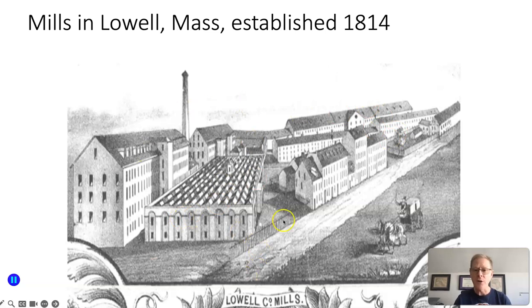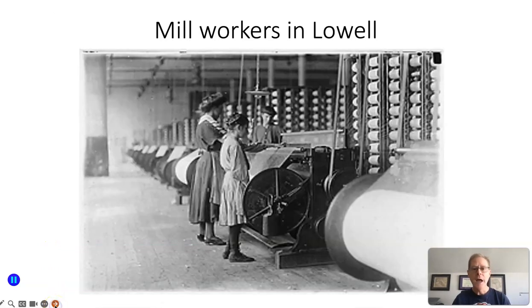And this is what the factory looks like with housing and so on for the workers, primarily young women. As you can see here, women working at these looms and mills inside the mill, in this case taking the spun thread and weaving it into cloth.